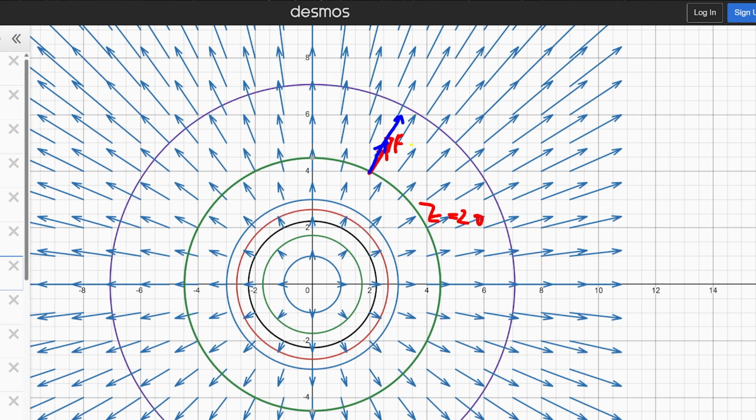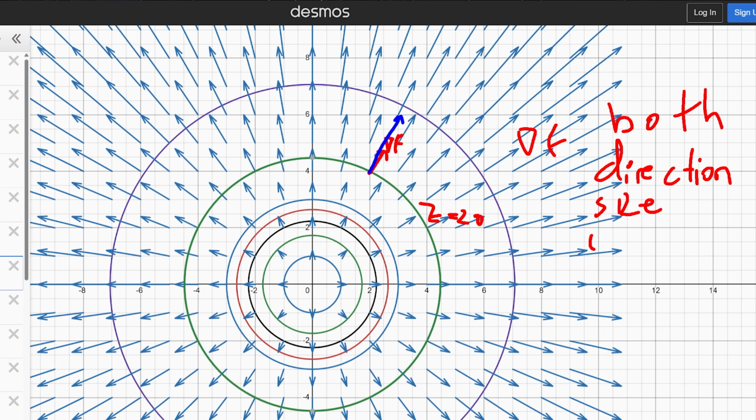So because gradient was both the direction and the size, the rate to the fastest path going from a lower level curve to a higher level curve, it is basically telling us at what rate our z is increasing toward the best direction it could go.